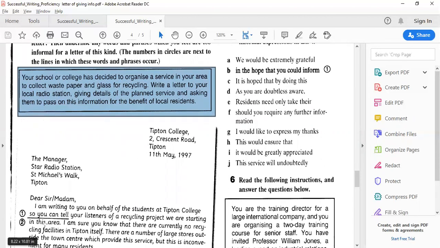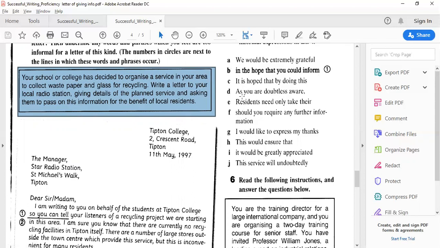Because 'can' is somehow informal, right? And that could be replaced with this structure. I mean, this one will go with B. So we'll write here 1. And similarly, now in the second line, 'in this area, I am sure you know that there are currently no recycling facilities.' So now I don't know which part you think will go to the second one.